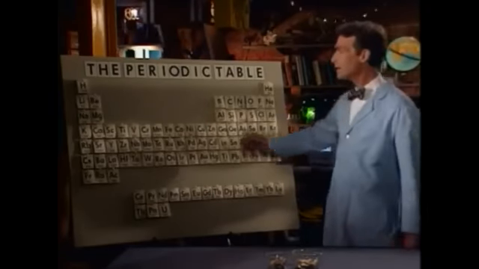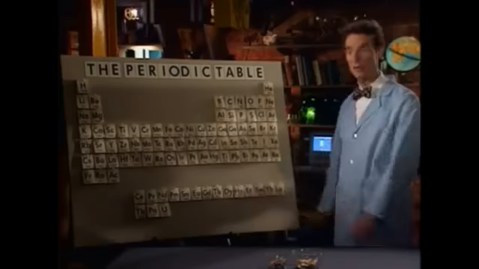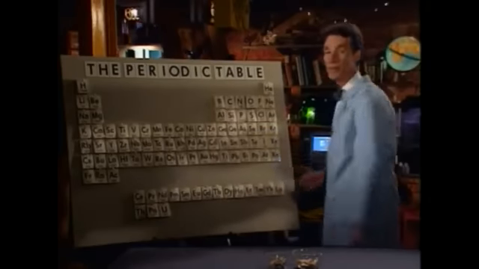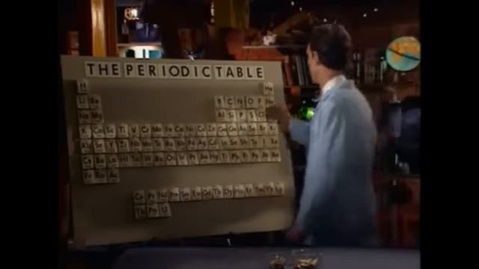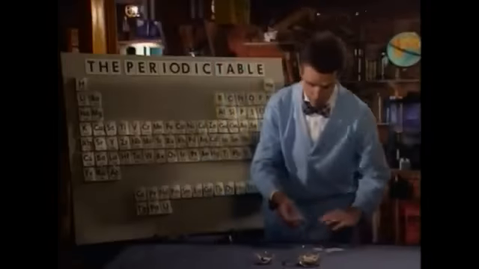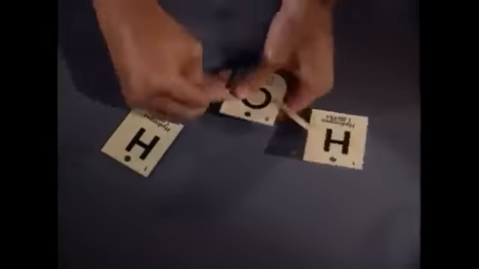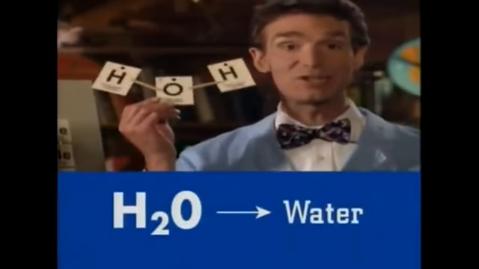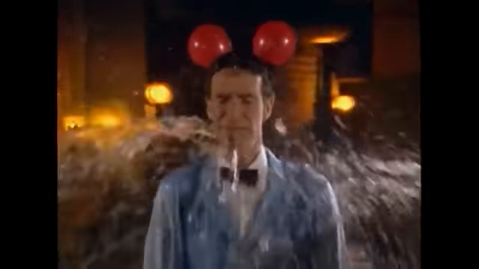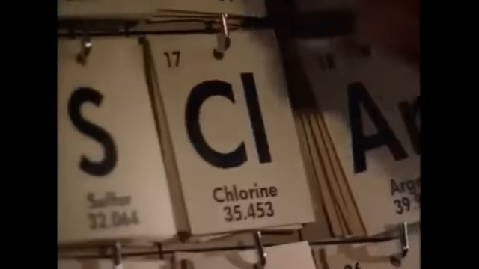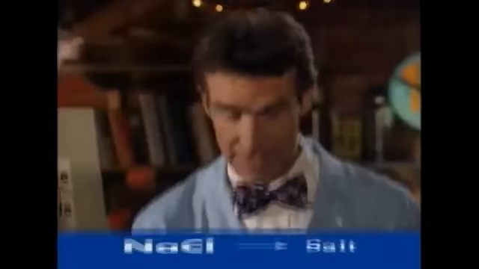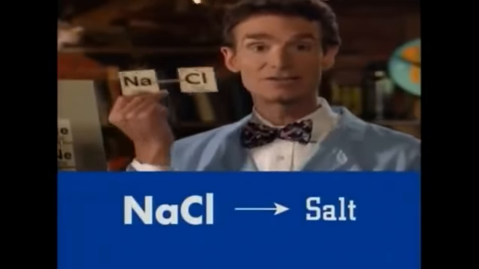Now, there are 92 elements that occur naturally. And using these elements, we can make all kinds of interesting molecules. H2O, water. NaCl, salt.